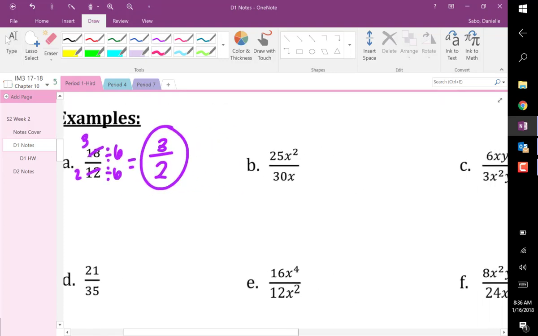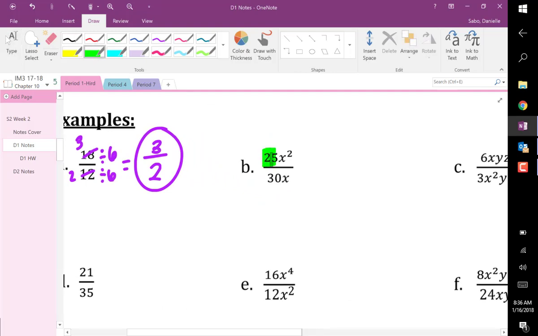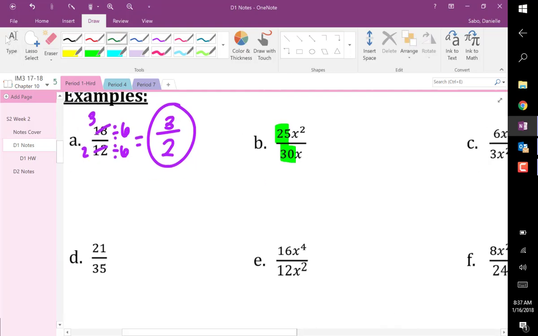Let's look at this next one. Take each piece at a time. How do I reduce 25 and 30? What number goes into both of them? 5. Okay, so I have what on top? 5. And what on the bottom? 6. Very good. Because 25 divided by 5, I'll even write that out so you can see where it came from. 5 over 6. Now let's talk about x squared divided by x.